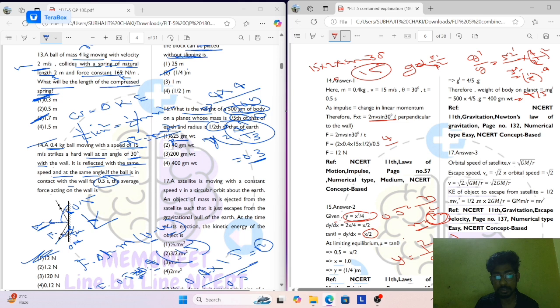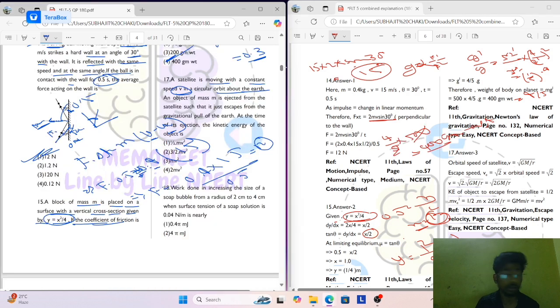A satellite is moving with a constant speed of v in a circular orbit about the Earth. So you know the orbital velocity, root over gm by r. An object of mass m is ejected from the satellite such that it escapes the gravitational pull of the Earth. The escape velocity is root over 2 gm by r. At the time of its ejection, the kinetic energy of the object is, orbital velocity we know, escape velocity root over 2 gm by r we know.